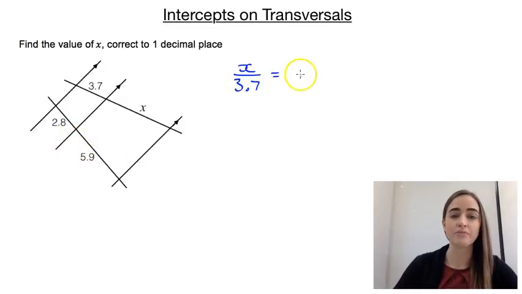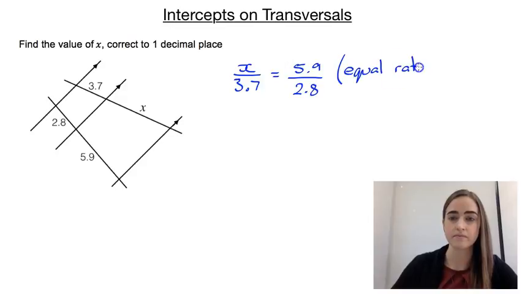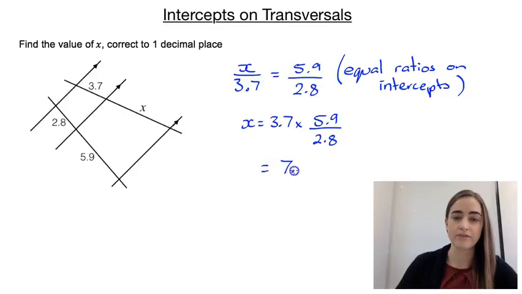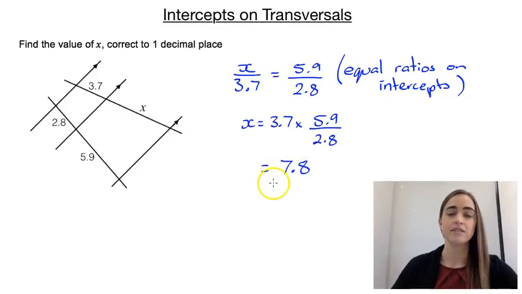So this one would be 5.9 over 2.8. And again, we can say equal ratios on intercepts. And then to find x, we'll multiply everything by 3.7. And we'll end up with 7.8. So that's a few examples of intercepts on transversals.